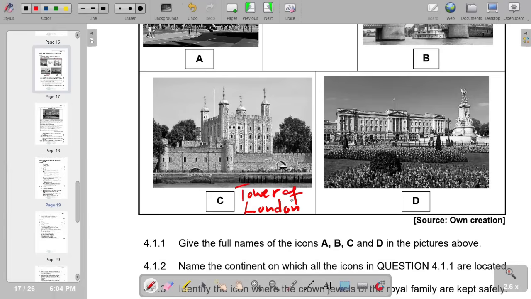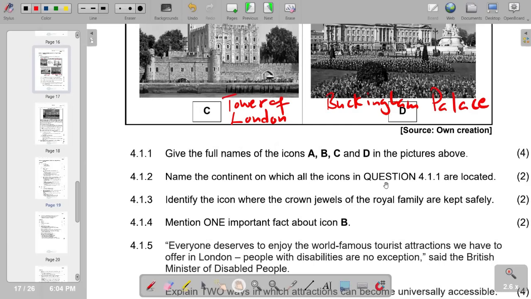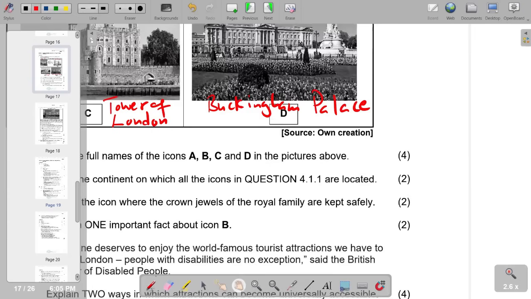And then we go to our D. At D, it is the Buckingham Palace. So we can write it as the Buckingham Palace. So basically, this is what we have on 4.1.1. Then on the next question, name the continent in which all the icons in question 4.1.1 are located, and obviously they are located in Europe.